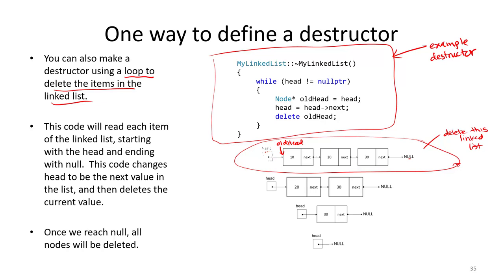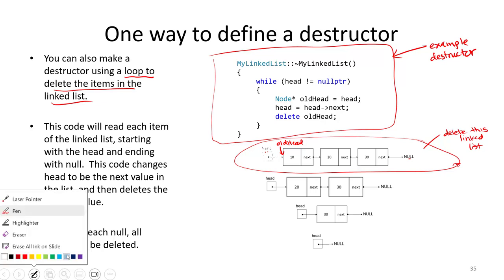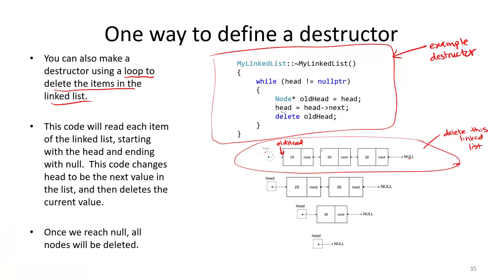Then I take my head pointer and move it, so I make head point at head arrow next. So now my head pointer is pointing at the second node. Then I use the delete operator to delete oldHead. And now my loop will repeat, and notice now I have a linked list containing only 2 nodes.